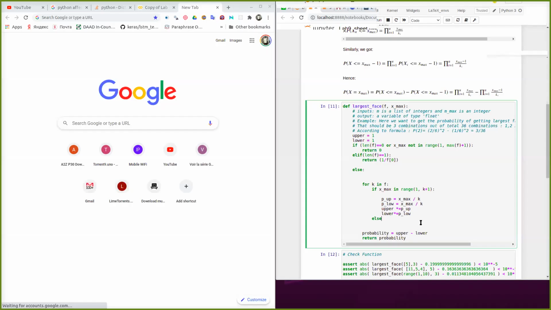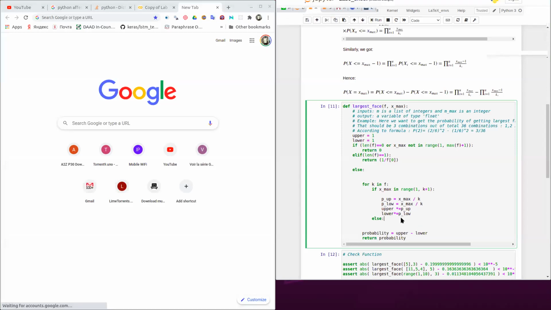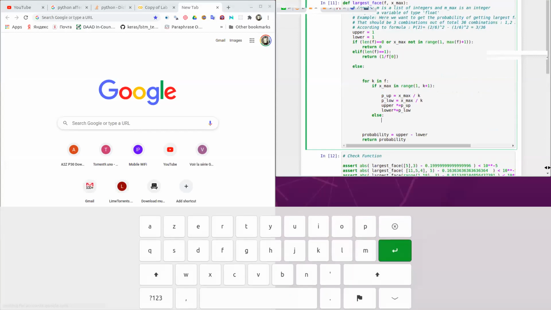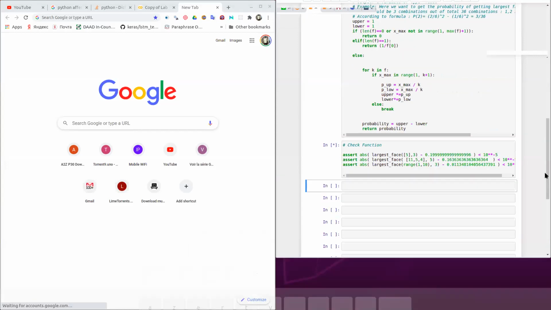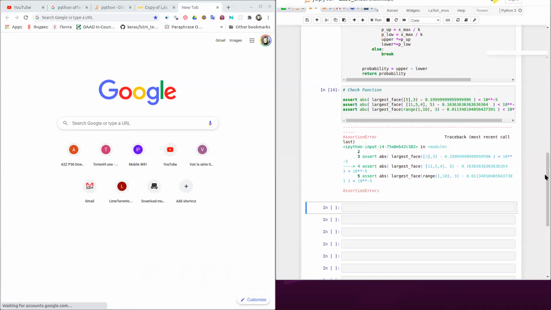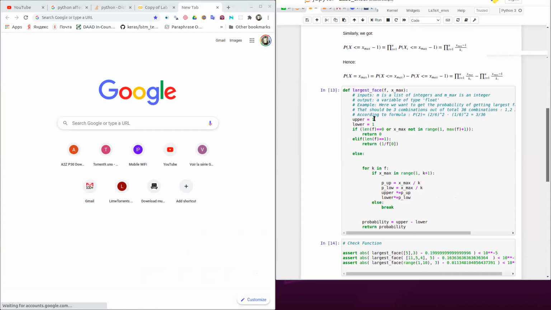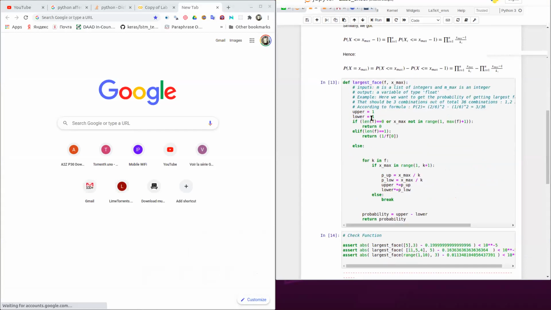So, missing this. Mistake. But what I did is, I inserted upper to one, lower to one. And the first step, I check if they didn't provide a list without element, without dice.